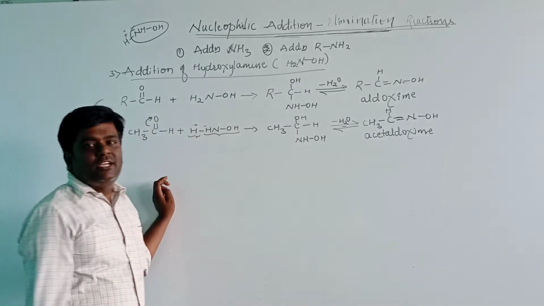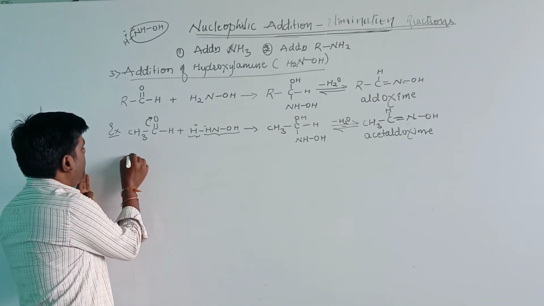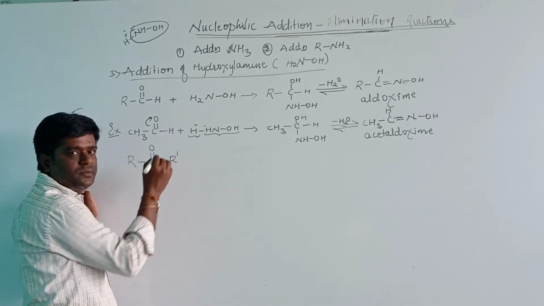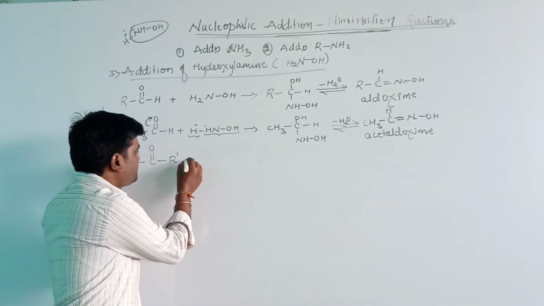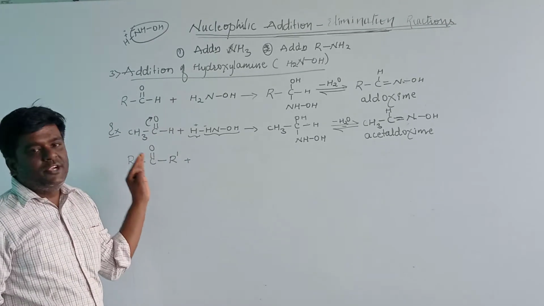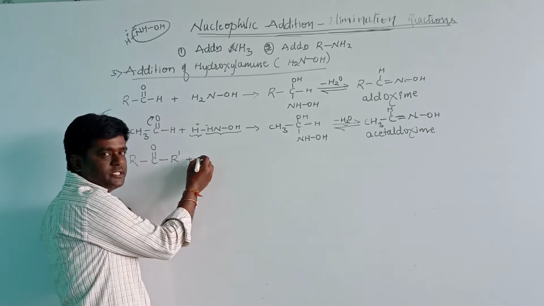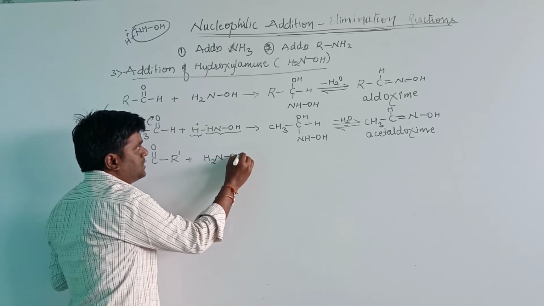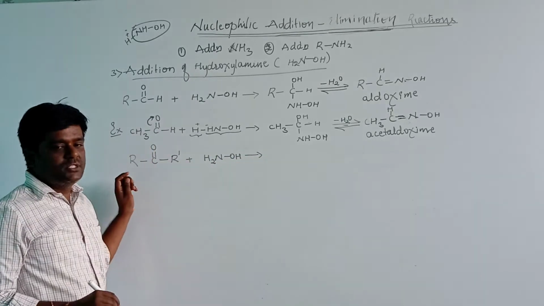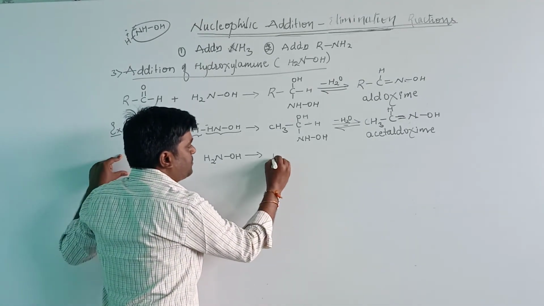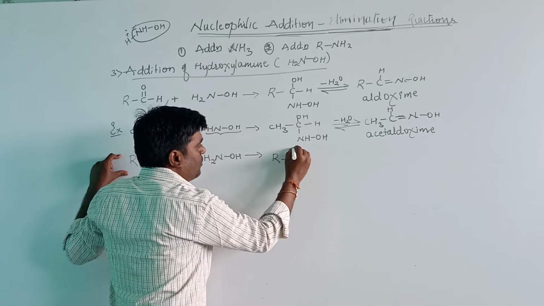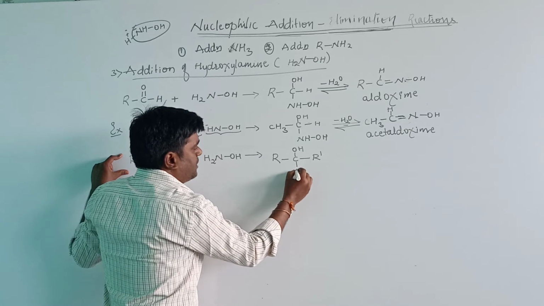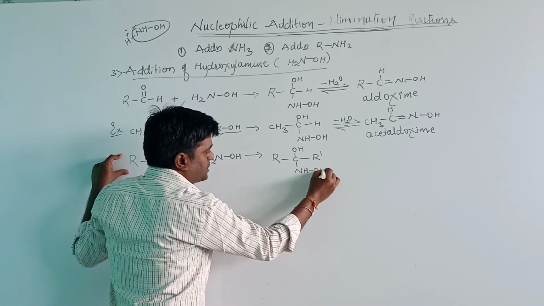Let us see for the ketones. When ketone reacts, that is R, C double bond O, R dash. Ketone reacts with hydroxylamine. The hydroxylamine H2 and OH combined with the ketones, it will give the addition product, that is R, C, OH, R dash, and the remaining part is NHOH.